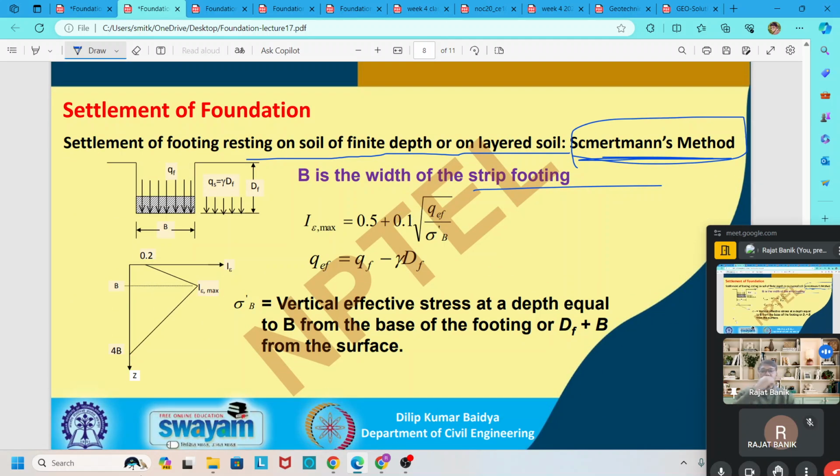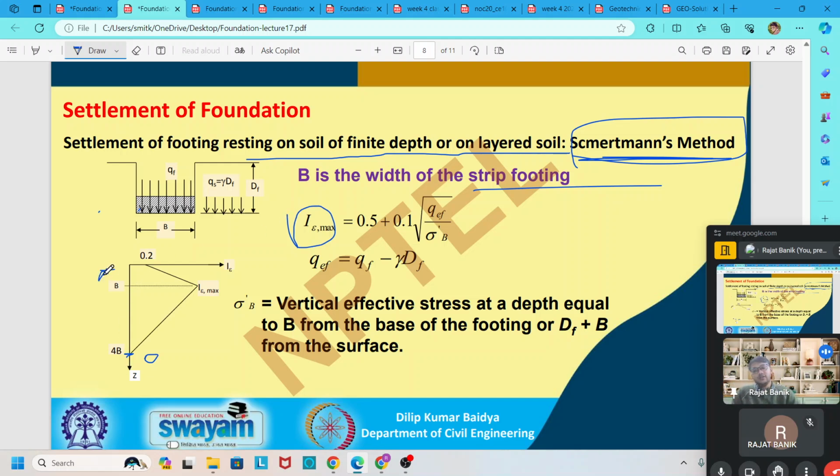So in stiff footing, below the foundation surface, the pressure distribution of the foundation is like this. For stiff footing, the pressure is up to that, and at some point the pressure becomes zero, and the influence factor also becomes zero.